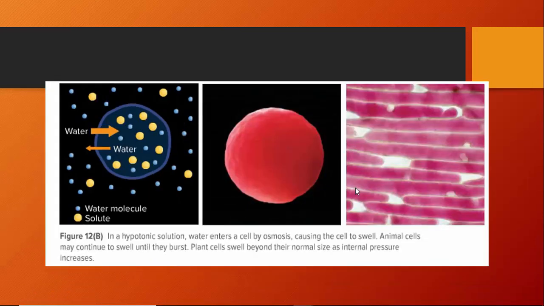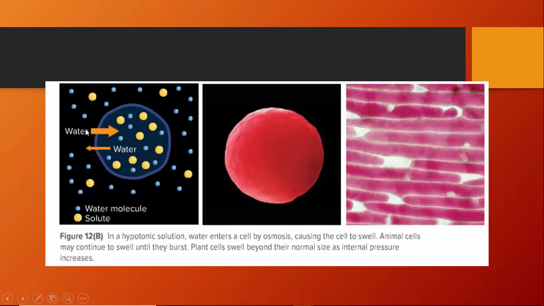But if we move to a hypotonic, hypo meaning under, water enters a cell by osmosis, causing the cell to swell. And that's because in a hypotonic solution, we have less water, we have more solutes. So inside this cell, we have a lot more solutes than outside the cell. And because there's a lot more solutes in here, there's a lower amount of water, tonic referring to the liquid inside.